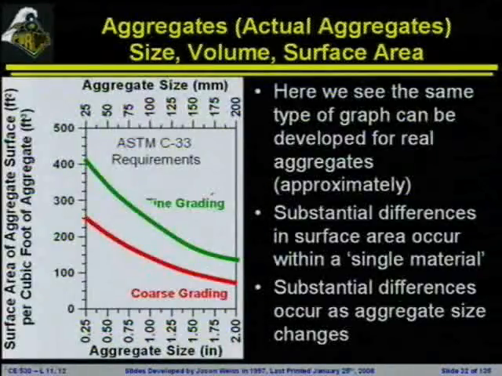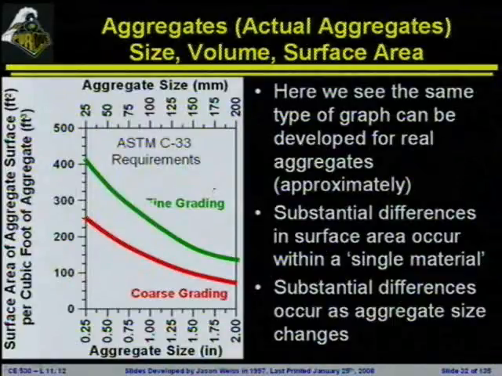What I will point out here is this is the same type of concept, but applied to real aggregates. So if we make some assumption on those aggregates, we would see that for typical ASTM C33 gradings, we could have aggregates that are on the coarse side of those gradings or on the fine side of those gradings.